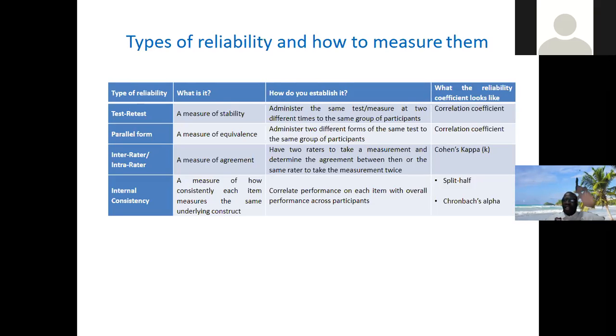You have 10 out of the questionnaire, you sum the scores together. The other half, you sum the scores. You correlate. They should correlate, because I've already said that if all of them are pointing to the same thing, the person that scores high in one should score high in others. So believing that if you take half of it and correlate with the other half, the correlation should be high if there's high internal consistency.